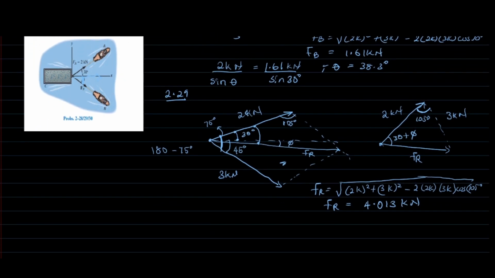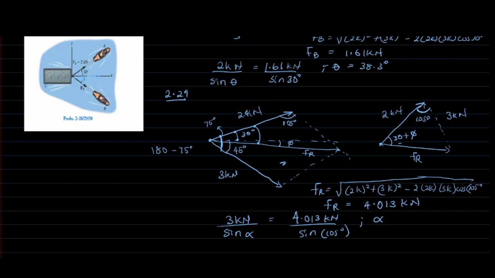We're going to solve for phi using sine rule. I'm going to say 3 kilonewtons over the angle we're looking for, sine, let's call it alpha, is equal to FR, which is 4.013 kilonewton, over sine the angle we know, 105 degrees.